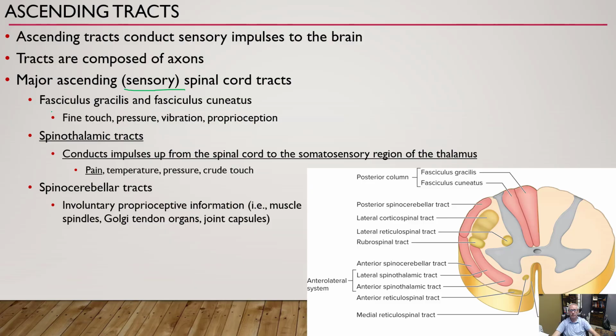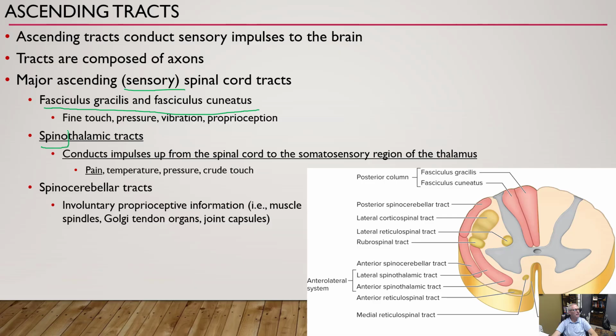We have several different ascending tracts. Typically, you're going to be able to recognize these because they have kind of two different names involved in them. Typically, they're going to start with spino something. So they're going to go from the spine to whatever region in the brain. So this first one, we're not going to deal with.